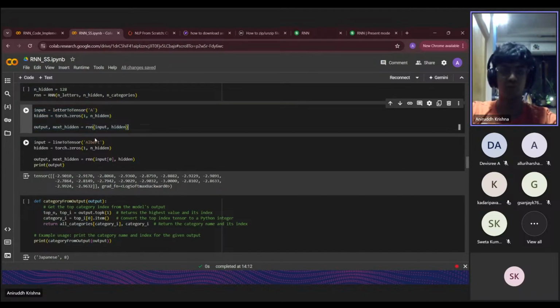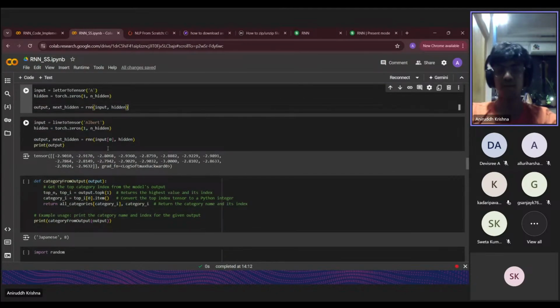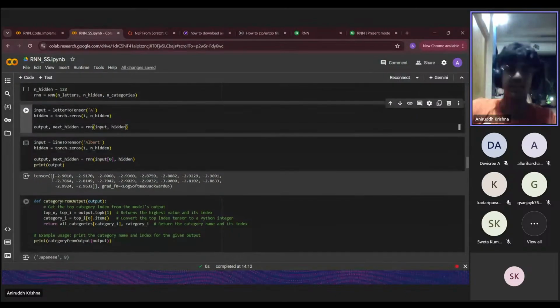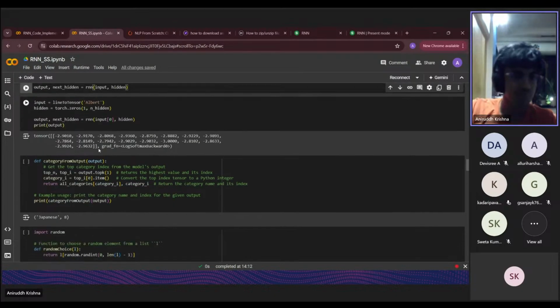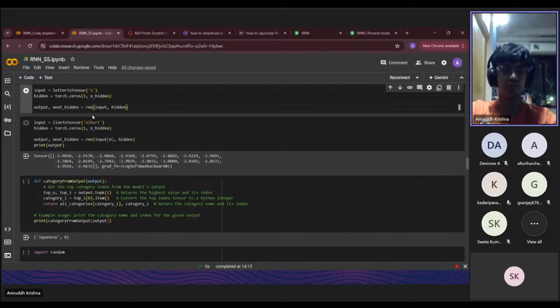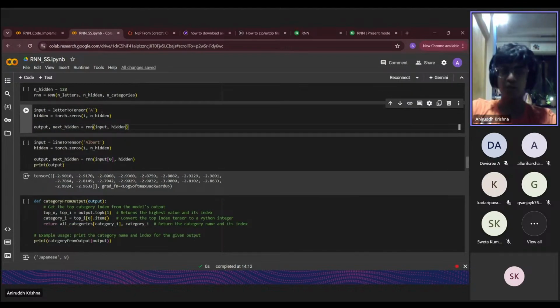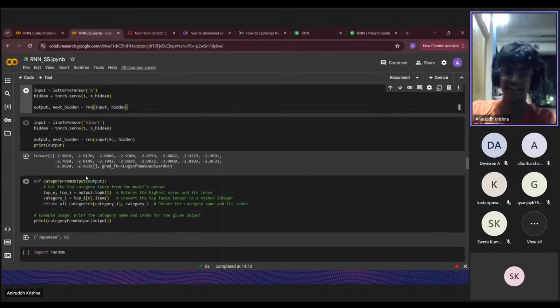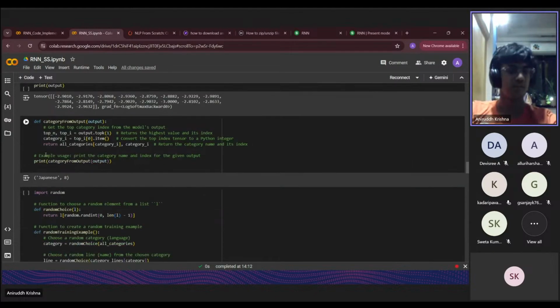It's not relating to Albert because no Japanese guy can ever be named Albert. This output is for the previous one because surprisingly, Japanese people also have single letters as their names. So the highest value that the letter A has in its tensor is at index 8.